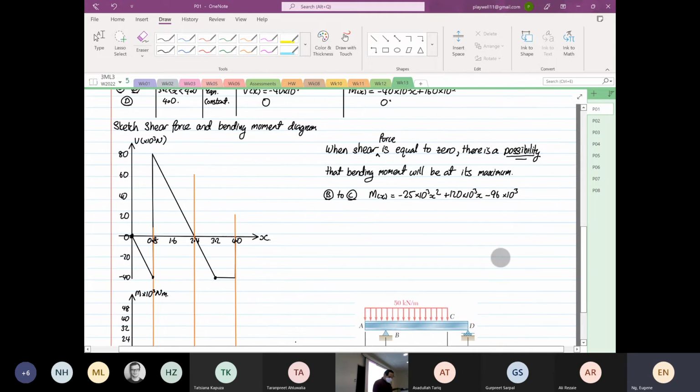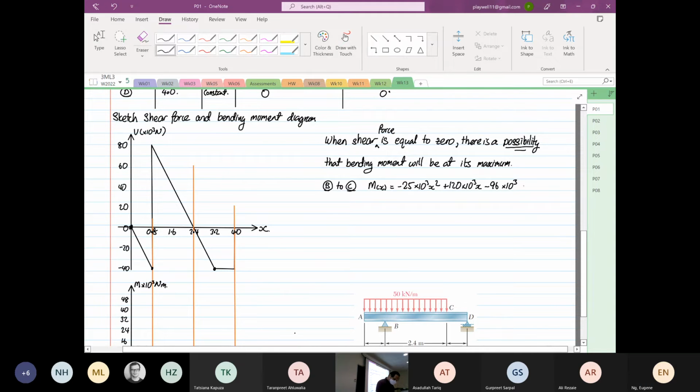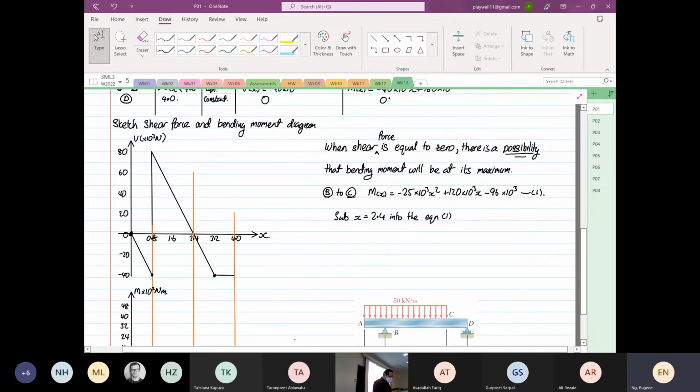So when this is the case, we are going to substitute x is equal to 2.4 into equation 1. I'm going to call this equation 1. Okay. Why are we doing that? We know based on this function over here, right, we need to find where is the turning point or where is the maximum.